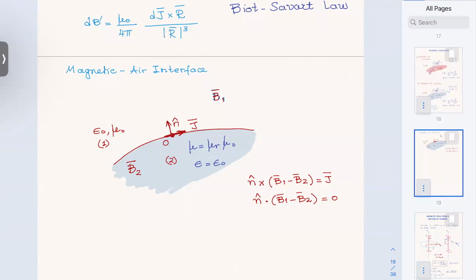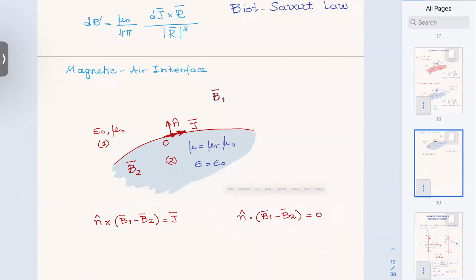So the first one, take this here and this here. The first one, let's see what it says. It says that the cross product between B1 and B2, when there is a current, is not continuous.